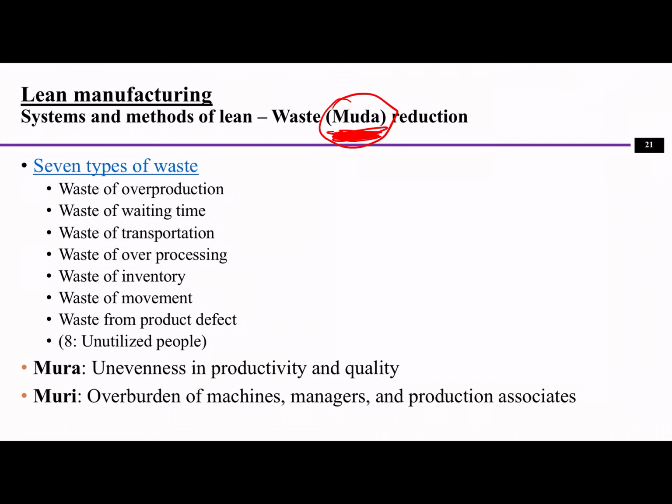And there are 7 types of typical wastes, and also 1 type called unutilized people waste that people also talk a lot about. So the 7 types of waste. I encourage you to watch the video. You need to click this video and try to understand how they explain the 7 types of waste. The first waste is overproduction.